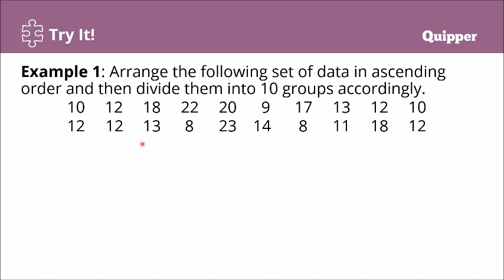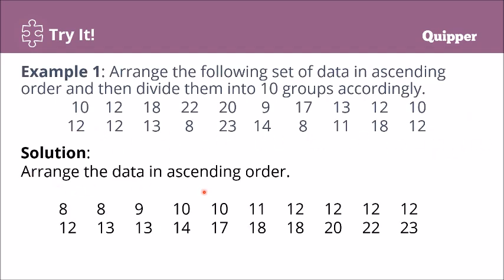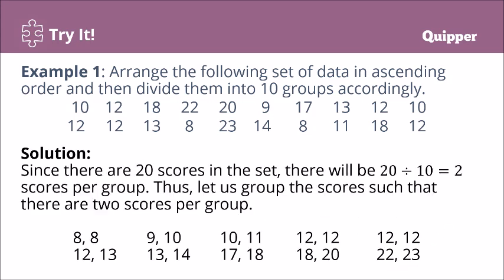Let's have an example. Example number 1. Arrange the following set of data in ascending order and then divide them into 10 groups accordingly. We have this set of data, not yet arranged. Arrange the data in ascending order, starting from the lowest: 8, 8, 9, 10, up to the highest, 22 and 23.